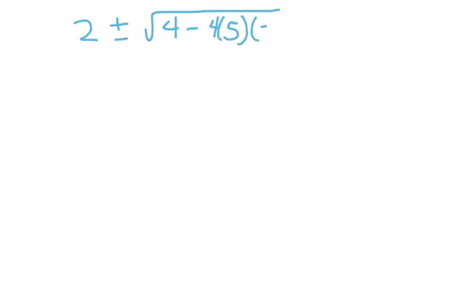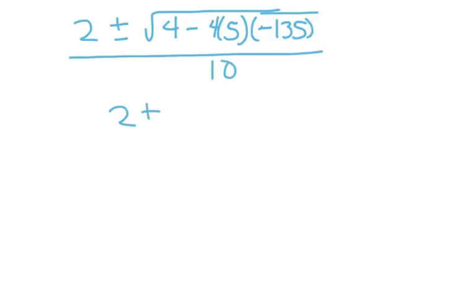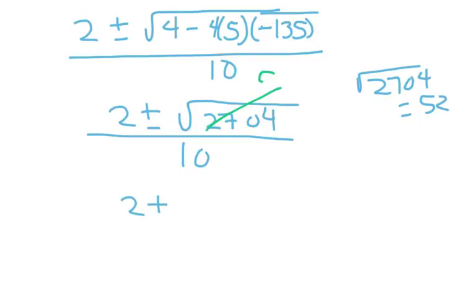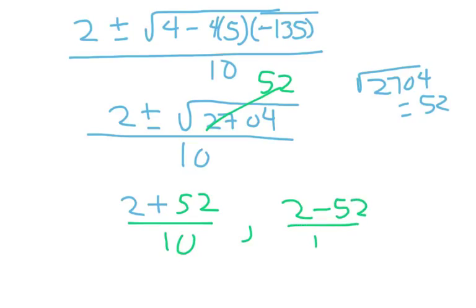I plugged that in, and I got 2 plus or minus the square root of 4 minus 4 times 5 times -135, all over 10, which gives me 2 plus or minus the square root of 2704 over 10. The square root of 2704 equals 52. So I get 2 plus 52 over 10, and 2 minus 52 over 10.